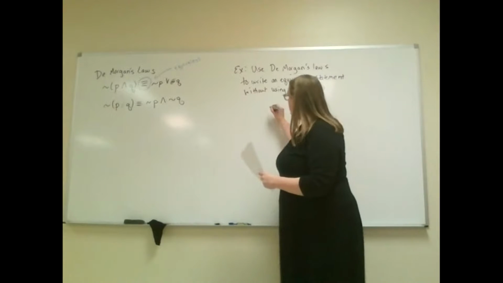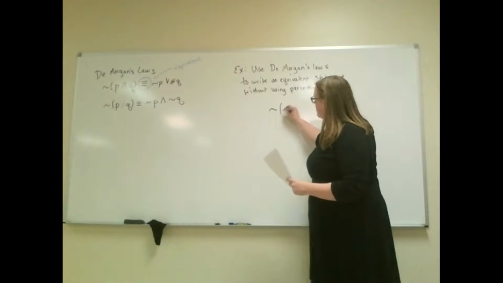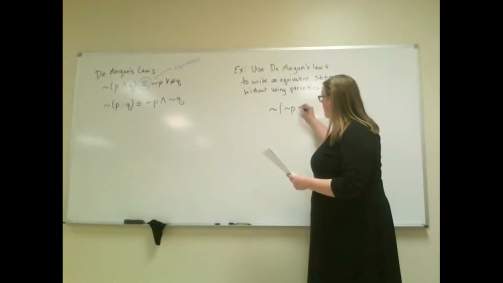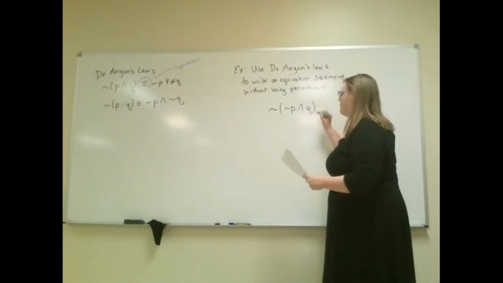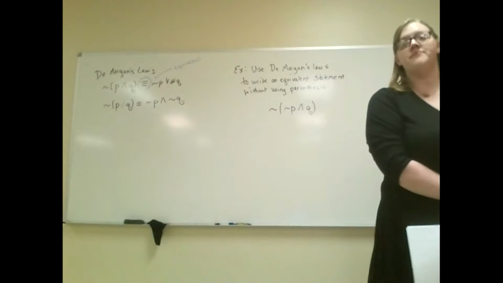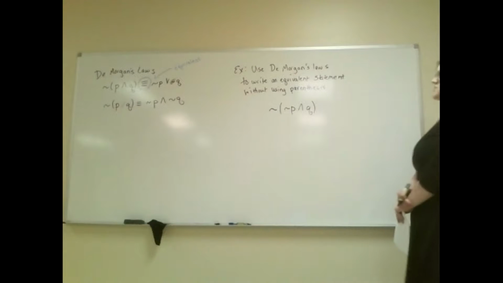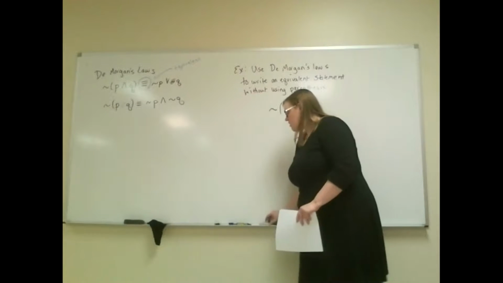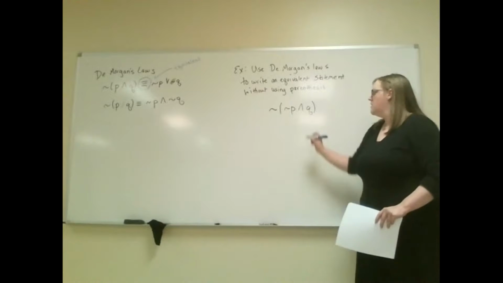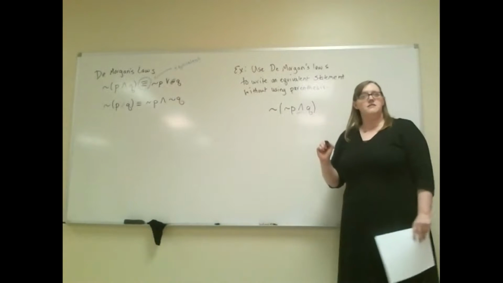The statement we want to rewrite is the negation of P and Q. So we want to rewrite that using De Morgan's laws. The thing we want to look at is whether it's an and or an or. Everyone can see here, it's an and.